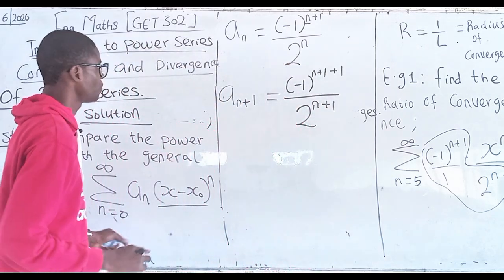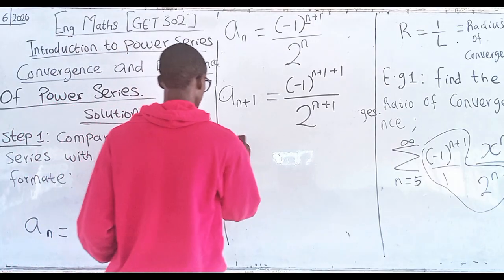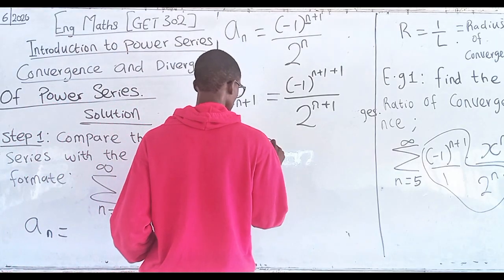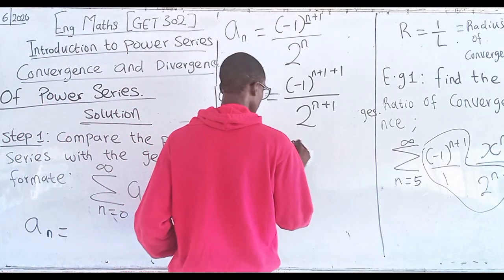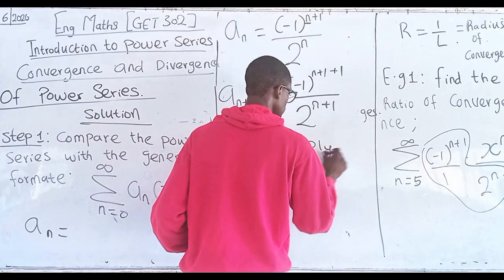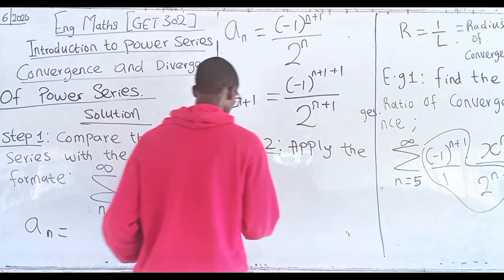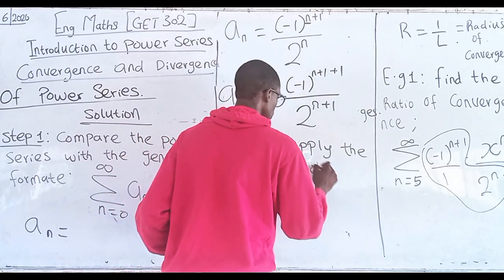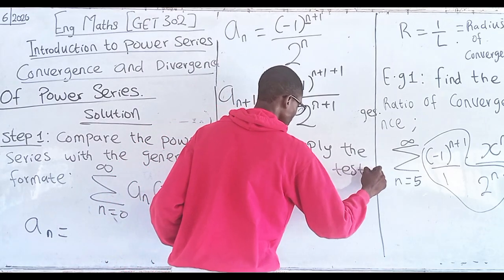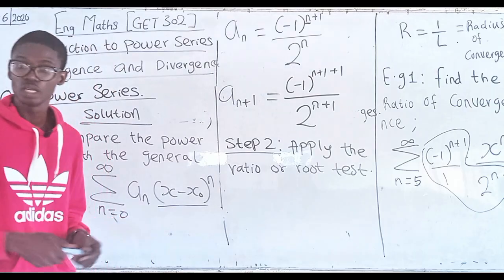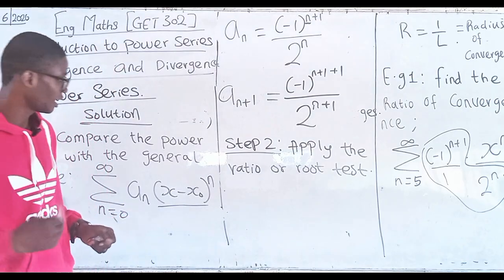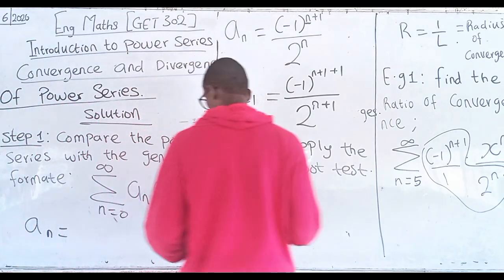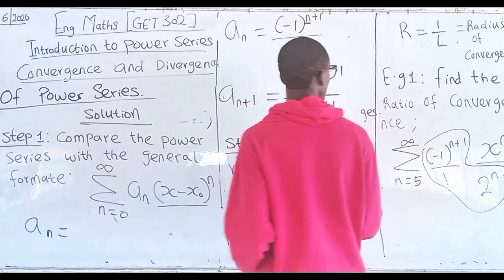Now, next step. Step 2: apply the ratio or root test. Any of the tests can work, but in our case we are using the ratio test, right? So how do you apply it? Recall the formula.